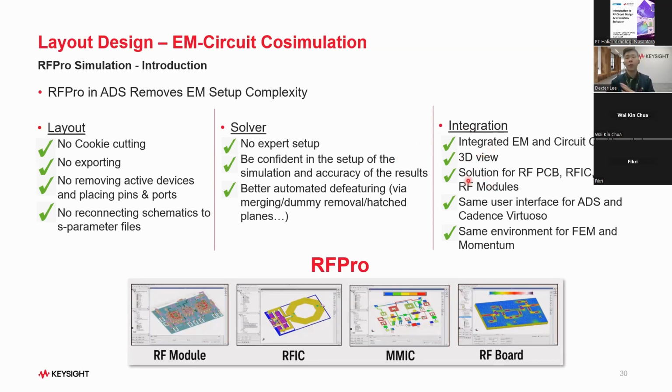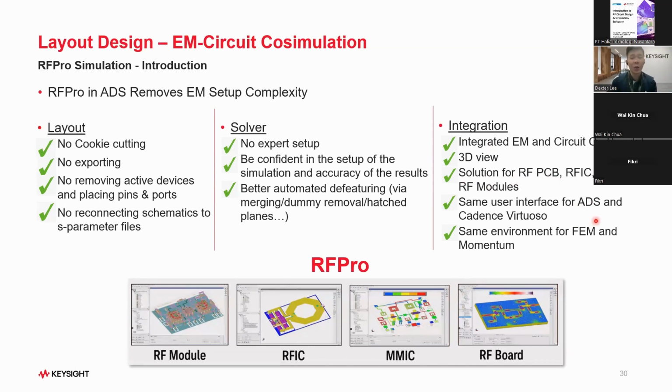RF Pro is a solution for PCB, RFIC, MMIC, and RF modules. This is also one thing I wanted to highlight: RF Pro is available not only in ADS. If you are already using Cadence Virtuoso for RFIC design, for example, RF Pro is also available in Cadence Virtuoso.